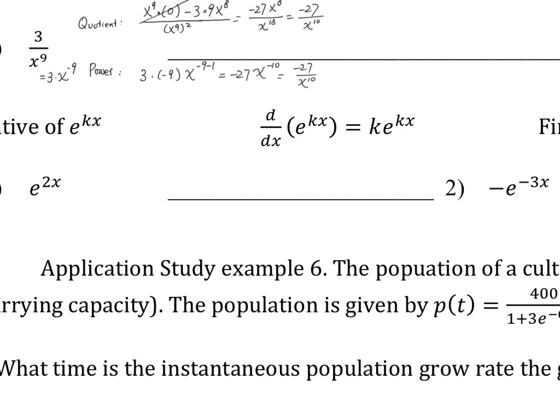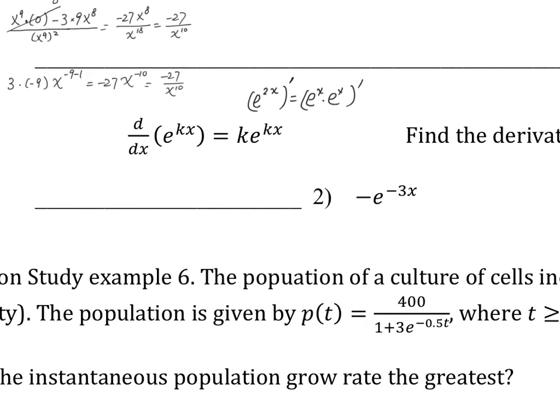But you can certainly look at a few examples, like for instance, e to the 2x is the same as e to the x times e to the x, right? So when you find the derivative of this guy, you are finding the derivative of this guy. And then how do you find the derivative of e^x times e^x?